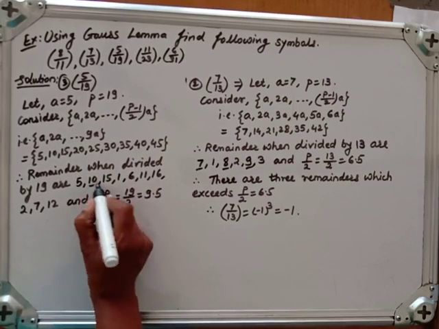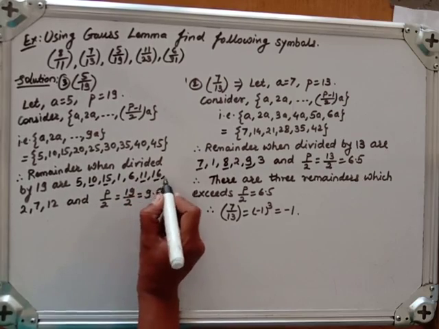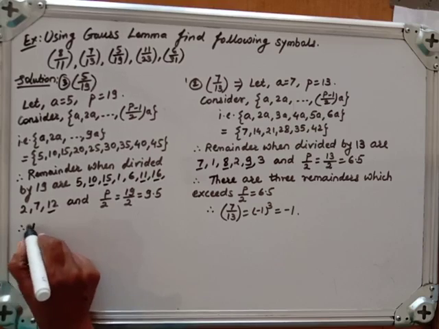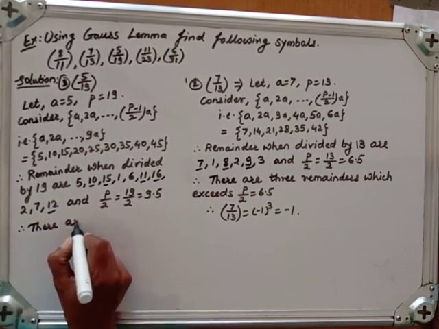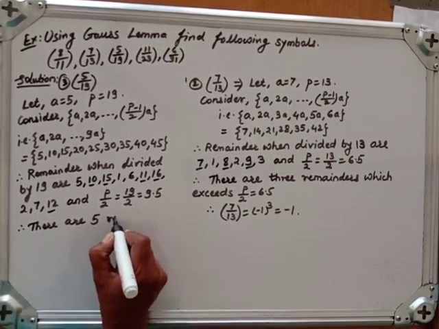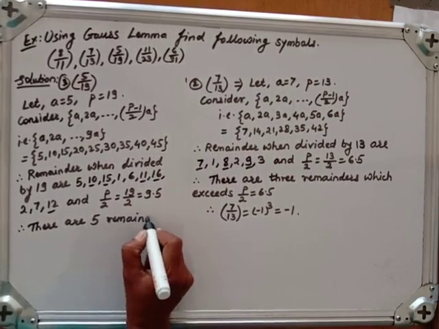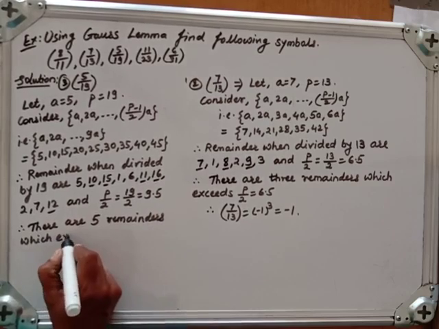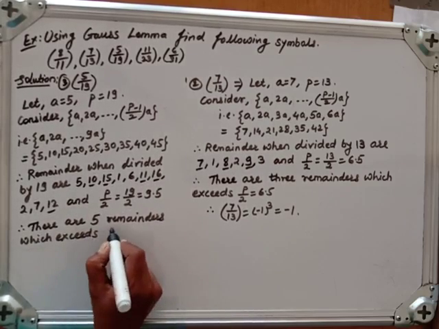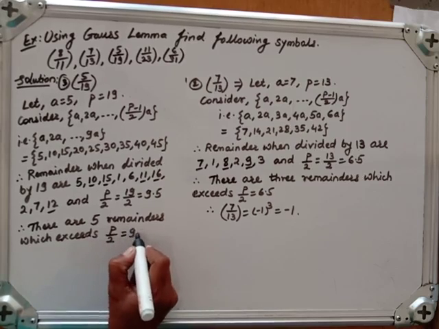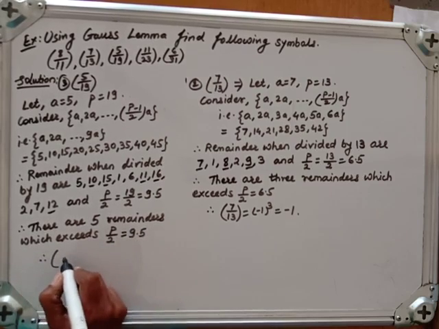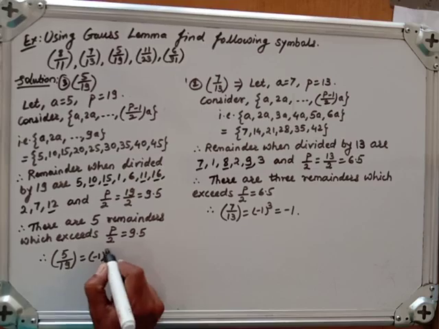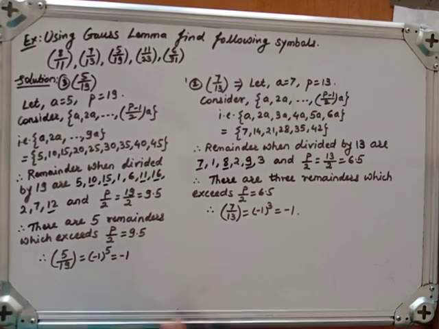So here 10, 15, 11, 16 and 12: 1, 2, 3, 4 and 5. So there are 5 remainders which exceed p by 2, that is 9.5. Therefore, the Legendre symbol of 5 by 19 is minus 1 raised to 5, so it is minus 1.